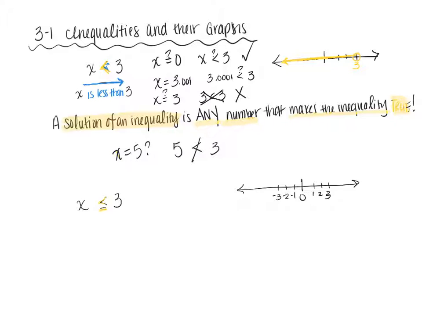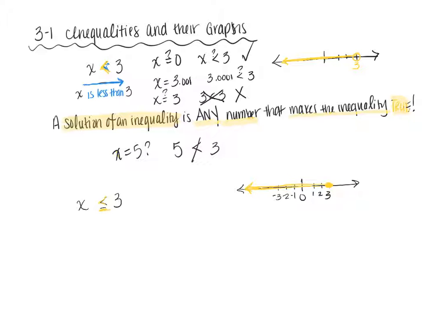Remember that less than or equal to? So it could be less than 3, or it could equal 3. If it could equal 3, I'm going to fill in my dot on my number line to indicate that it could equal 3. But I also have to keep my line going. Make sure to put an arrow because it's continuing infinitely. It's any numbers less than 3, or, in this case, also equal to.